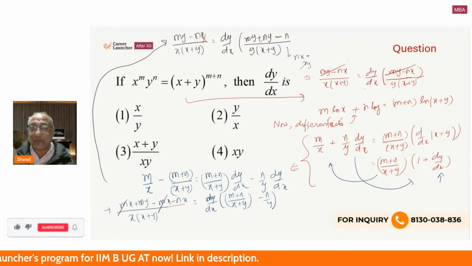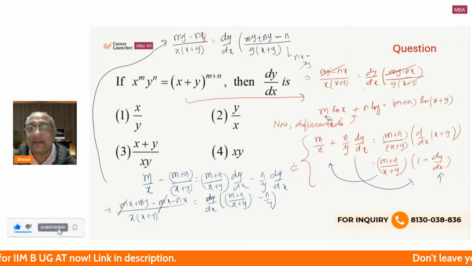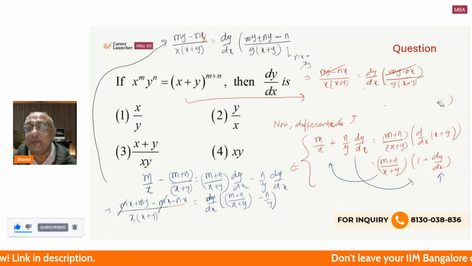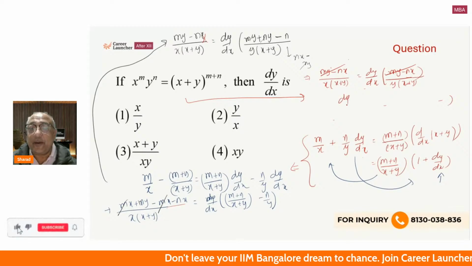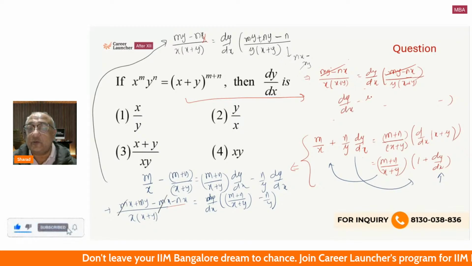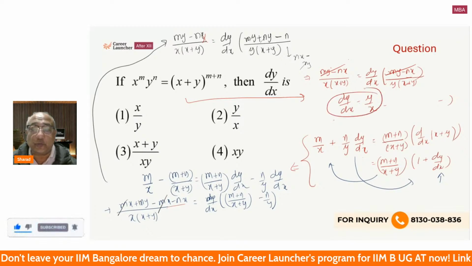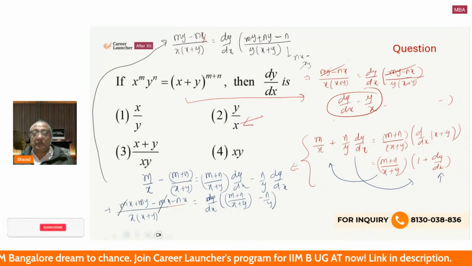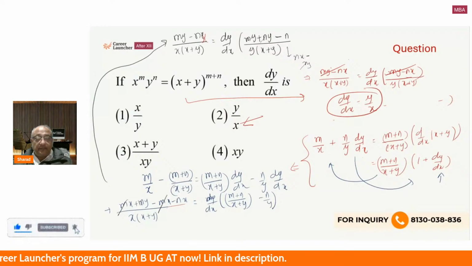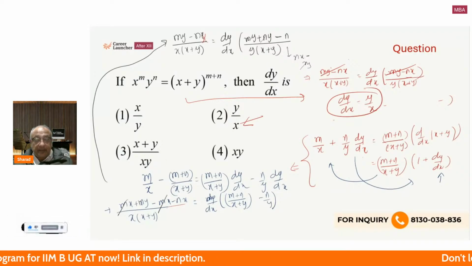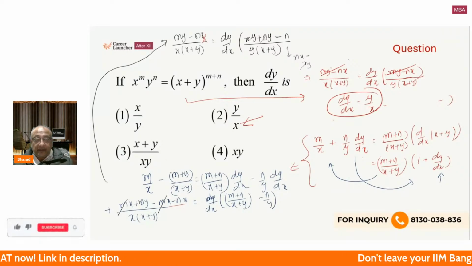This is cool. So now what is the final value? dy by dx is equal to y by x. 2 to 2.5 minutes and we'll get our answer. y by x. Understood? Clear? Let me ask my students over here. Is it clear?